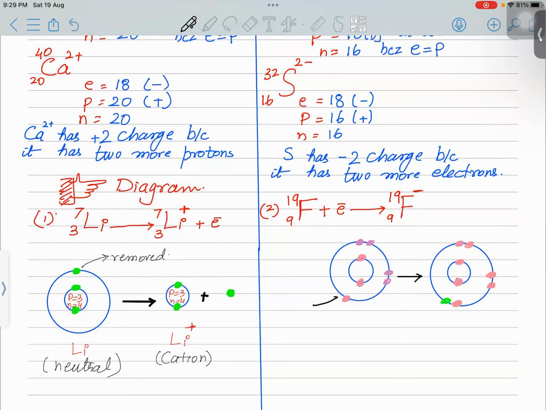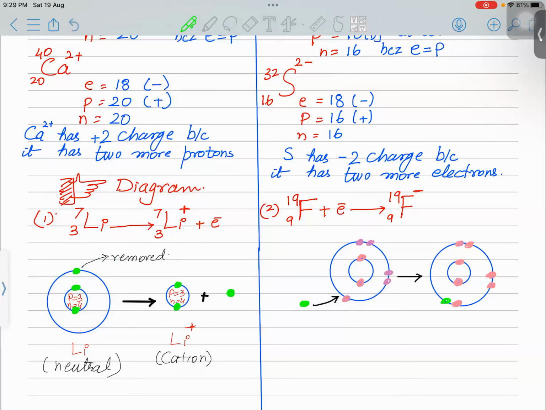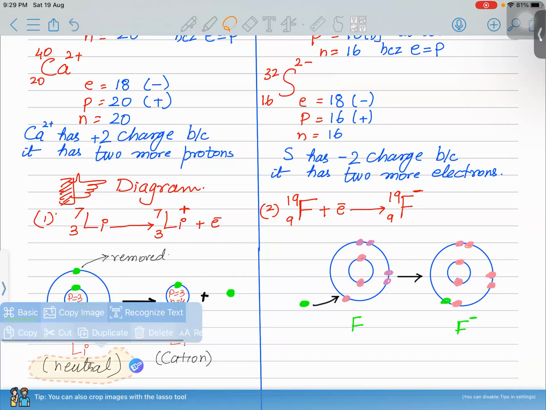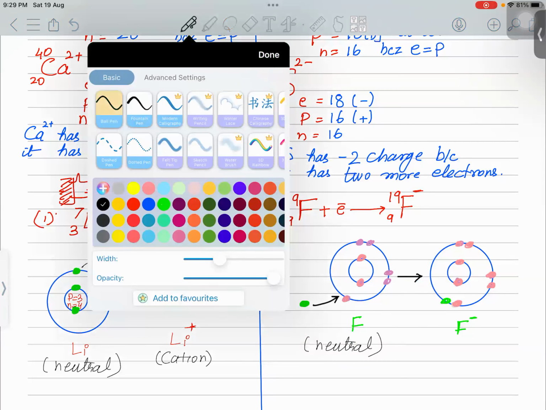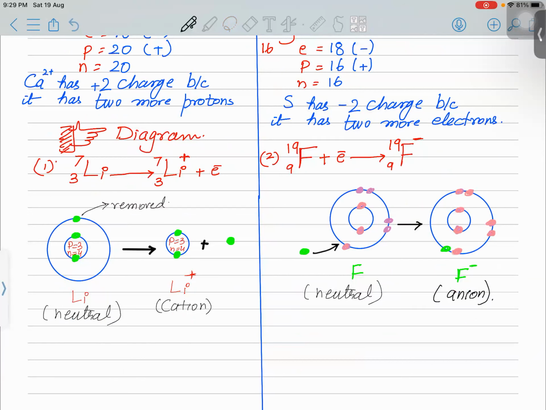One electron is added. This is fluorine, this is fluorine minus. This is neutral, and this is anion. Are you getting the whole process or not? Yes, sir.